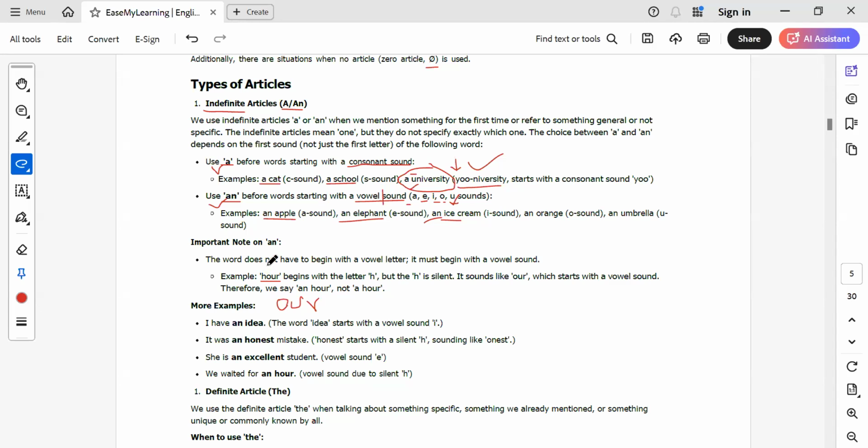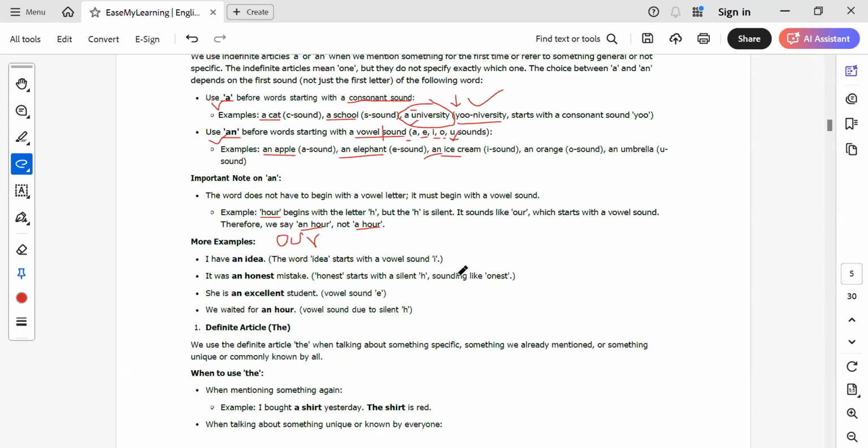We do not pronounce the H. The H is silent. So in this case, even though the word begins with the consonant H, the H is silent. So that's why we say an hour, not a hour. That is another example. So this is something which will be more clear when we look at examples going ahead.